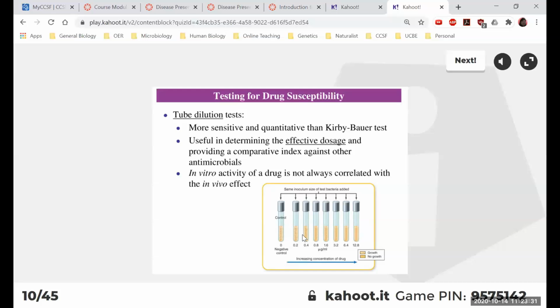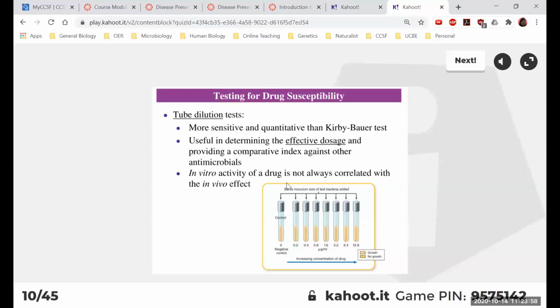So if you look at the tubes, the negative control does not contain the drug. So after growth, you will see turbidity because the bacteria will happily grow. If you have a very low concentration of the drug, bacteria will also happily grow. And you are actually looking for the lowest concentration where you do not see turbidity, and that's going to be your minimum inhibitory concentration.